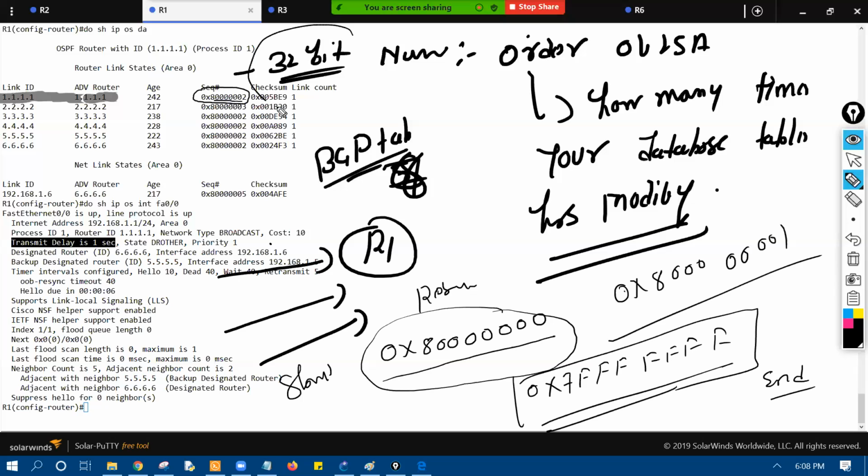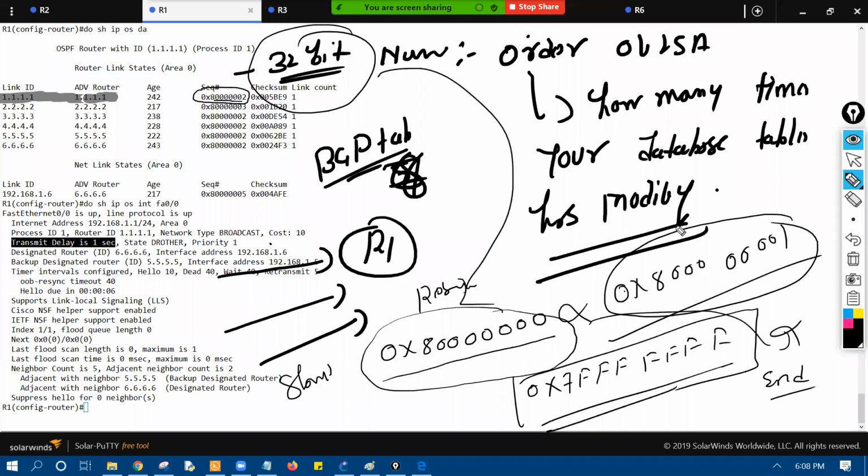This is the range of the 32-bit number. The starting point is this one, and the ending point is this one, but you will not see these two. You always start from this range. And this is just going to tell you how many times your database table has been modified. Second thing, this is the one condition: when your database table has been modified, your sequence number is incremented by 1.